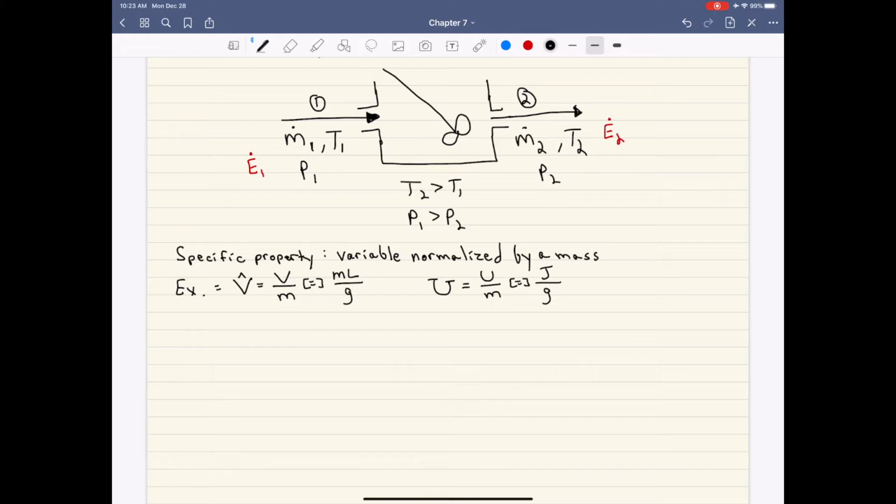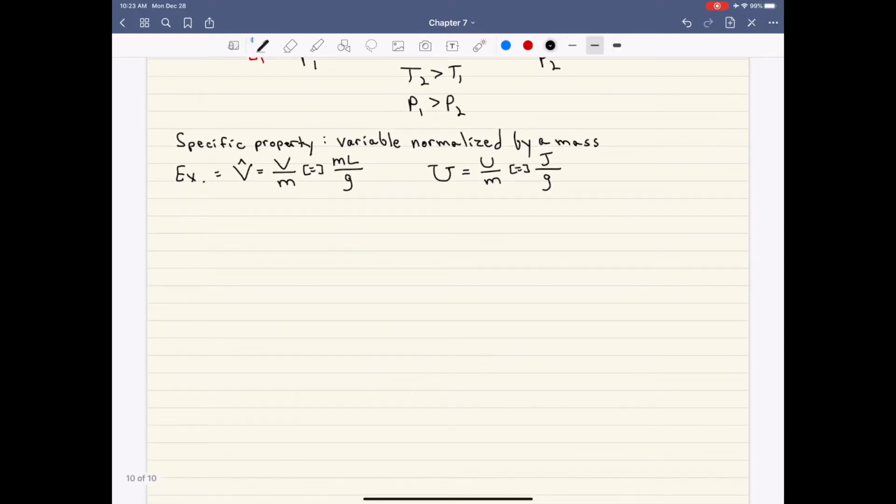In any case, before I even get to the energy balance, I first need to figure out how these two mass flow rates relate to each other. To determine that, I'm going to go through the material balance for this system. In this material balance equation, I have accumulation is equal to input minus output plus generation minus consumption. I'm now going to simplify this material balance equation based on what I know about this process.